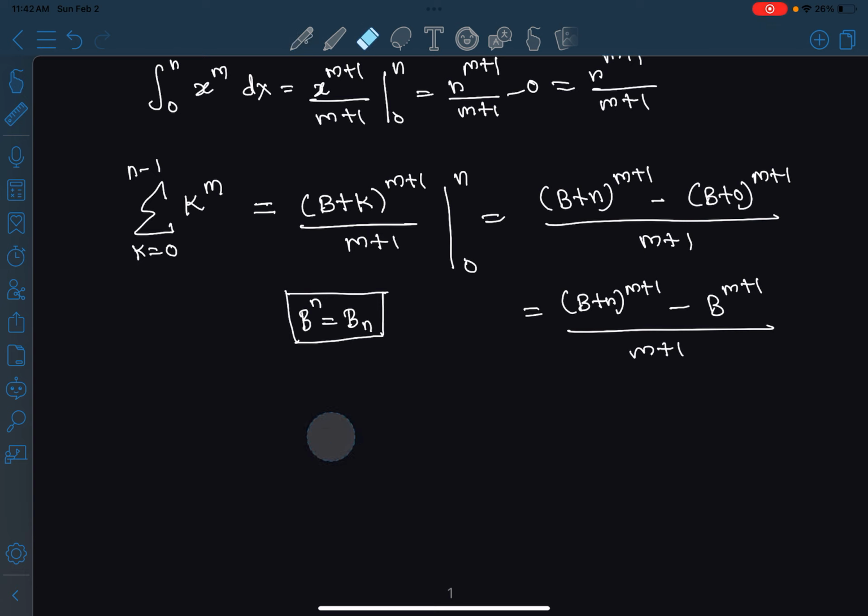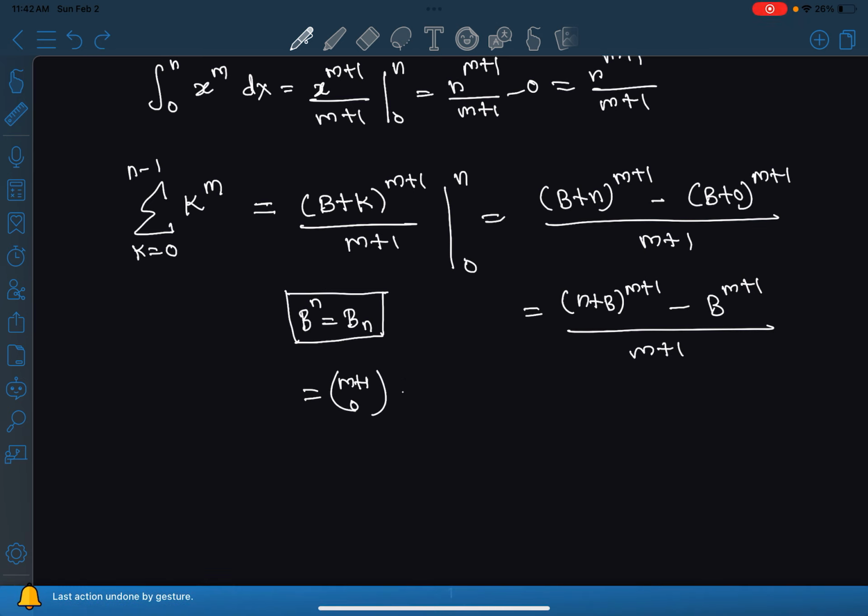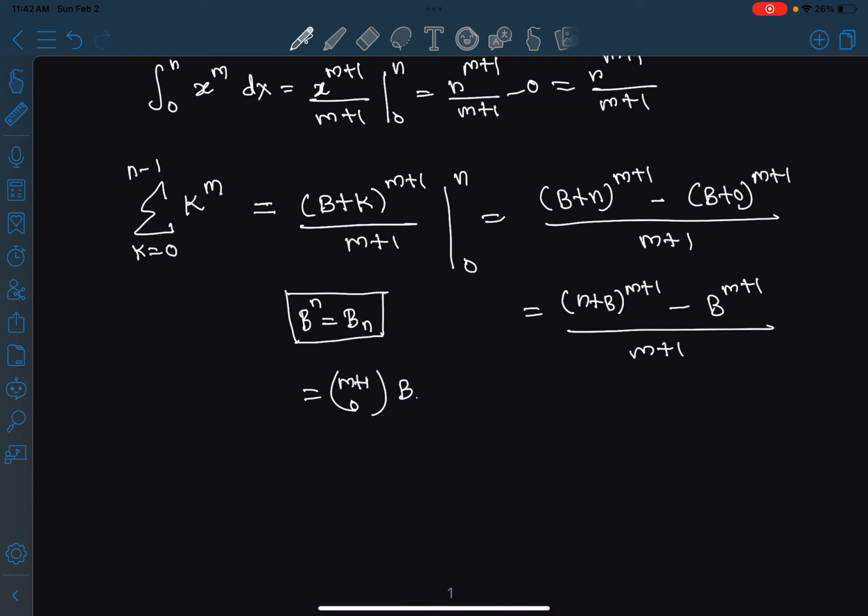But let me do a thing: I will just see it in reverse, as n plus B, because that does some simplification. So this now becomes m plus 1 choose 0, and then that becomes n to the power, what does that become? So B sub m plus 1.